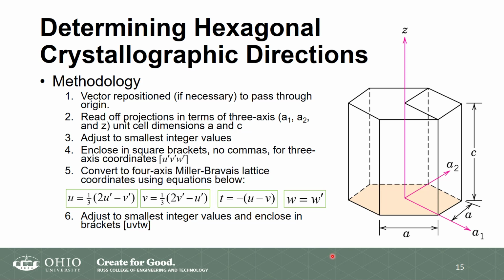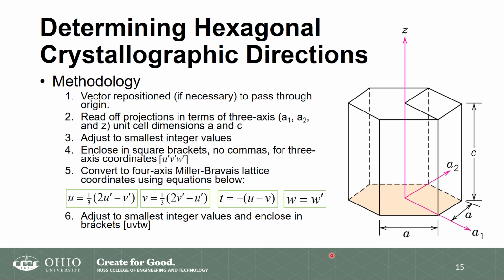As I mentioned in the beginning, sometimes you'll be dealing with a hexagonal crystallographic direction. Cubic crystallographic directions typically have 3 axes, while hexagonal crystallographic directions have 4 axes.